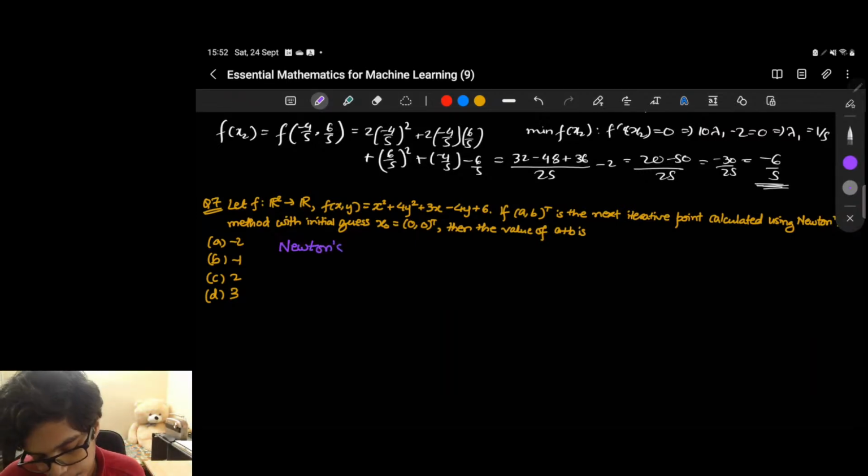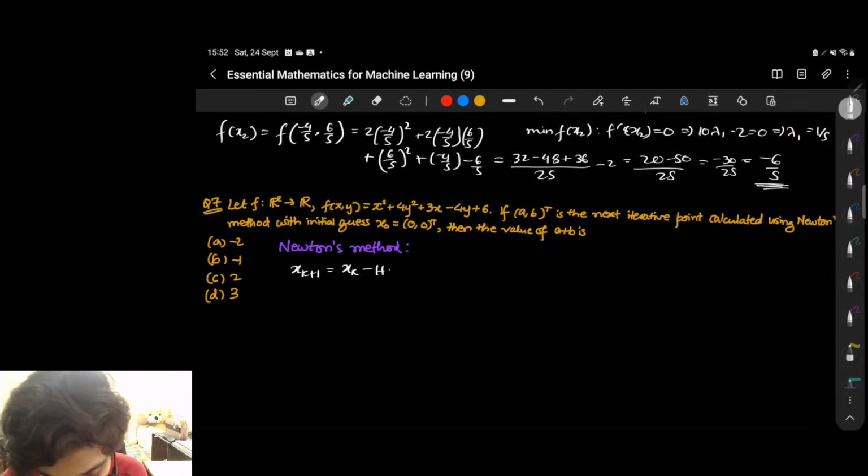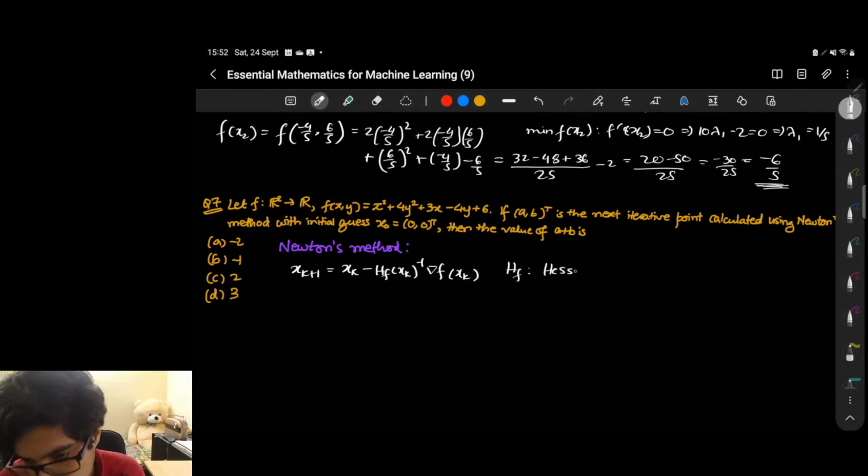So Newton's method, the algorithm, is that xk plus 1 is xk minus Hessian matrix inverse times gradient of f at xk. So Hf is nothing but the Hessian matrix, or basically del squared f.